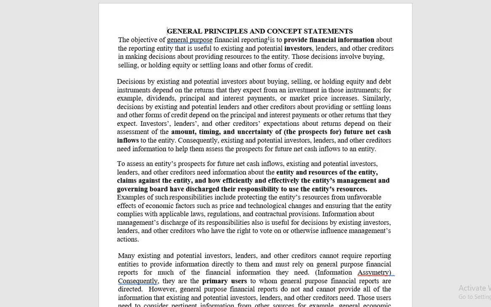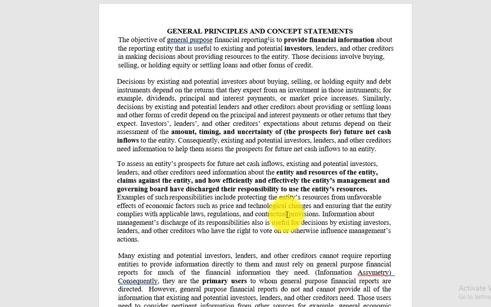First of all, when we're talking about financial statements, the whole idea is we're reporting the financial situation. So we shorten that to call it financial reporting, financial information about an entity. So we have to know what entity we're working with, and it has to be useful to potential investors, lenders, and other creditors.